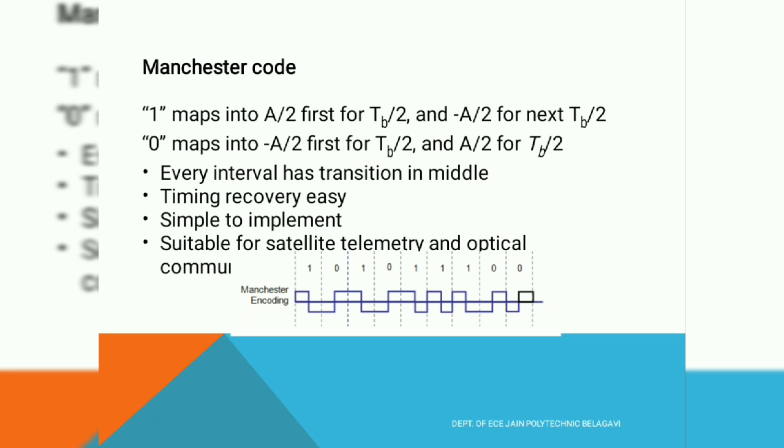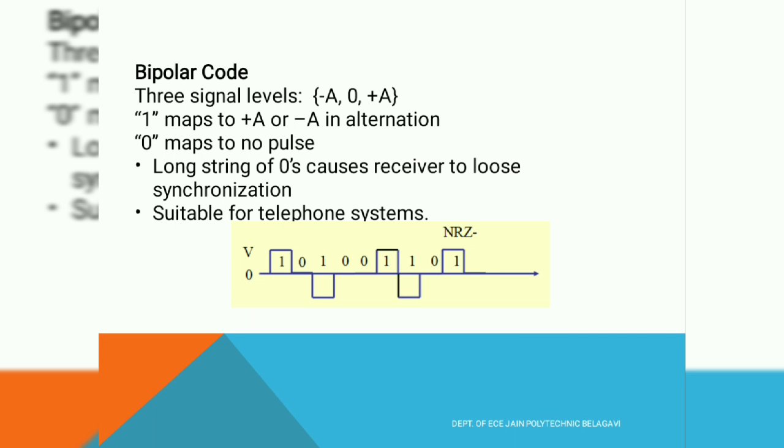Okay, so next concept, the Manchester code. How do we define it? Previously, in the bipolar code, symbol 1 is represented as plus A volts or minus A volts in an alternating format, and 0 as no pulse.